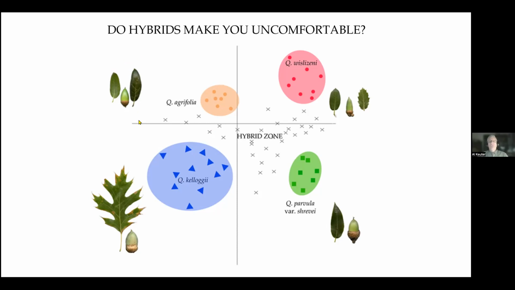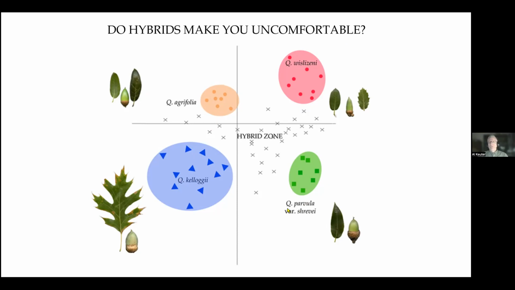Coast live oak, upper left-hand quadrant, and all the trees that were clearly coast live oak are in this orange circle, each of those little round dots represents a specimen that was sampled. Interior live oak, upper right in red.